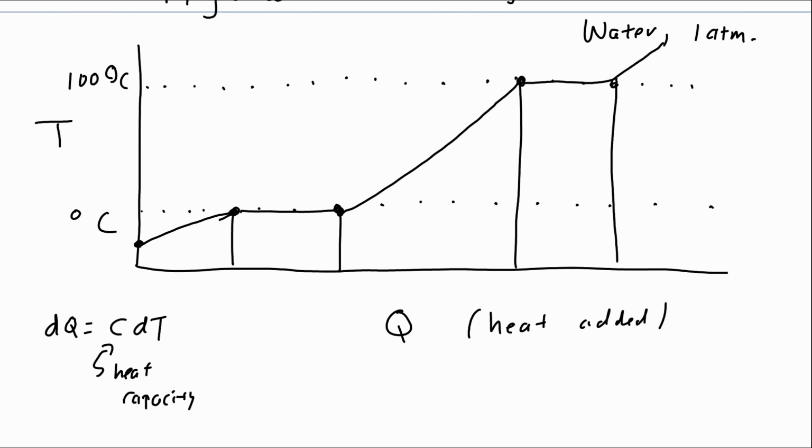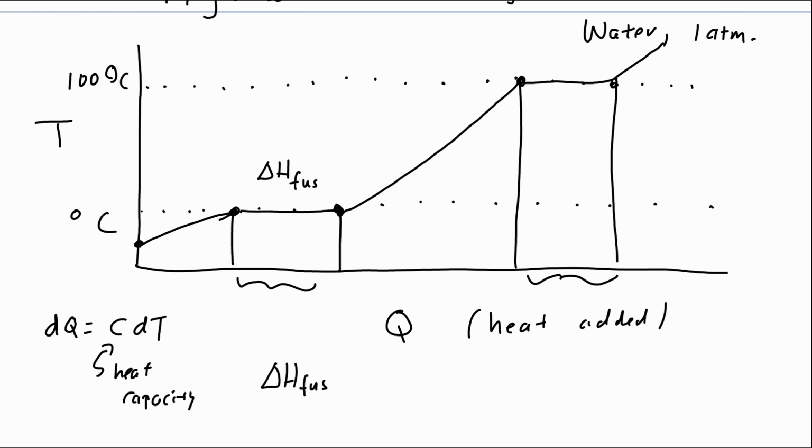Now, this amount here is an amount of Q, and this is an amount of Q. You know this even from high school. You did problems like this, right? We could call this delta H sub FUS, delta H of fusion.